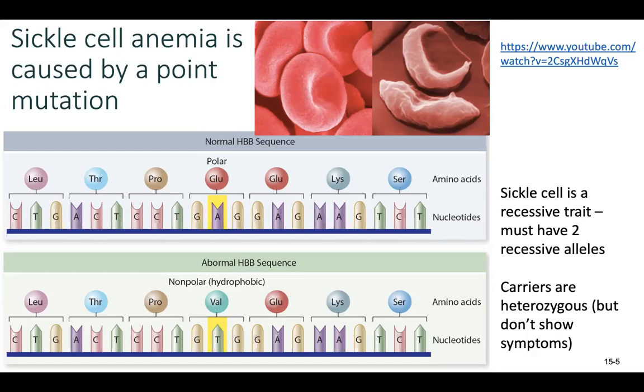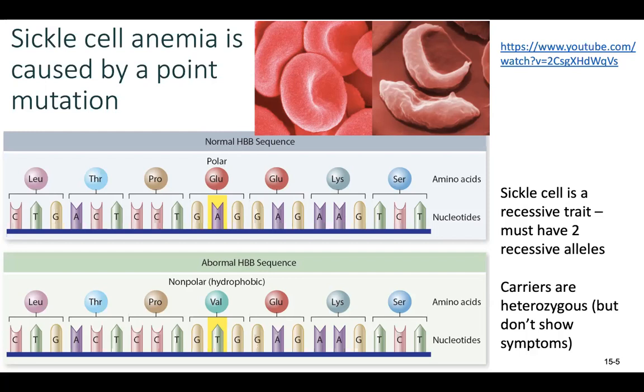So that takes us back to what we were talking about with the genetics chapter. So what happens, typically red blood cells are these donut-shaped, round, indented in the middle cells here. In sickle cell anemia, a lot of the red blood cells end up in this sickle shape, and they don't carry oxygen as well.